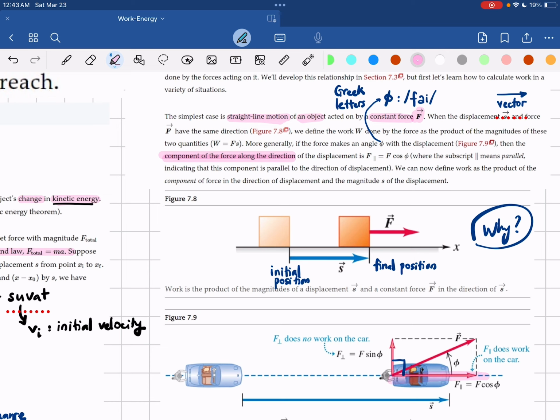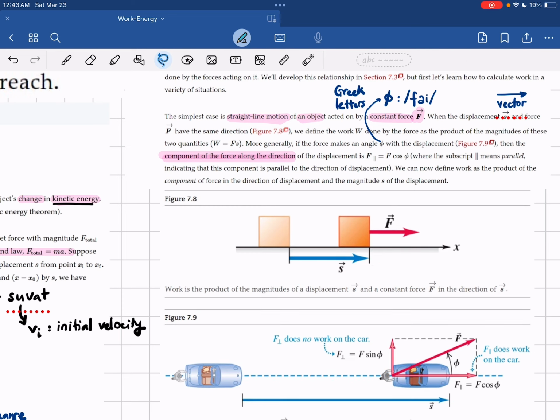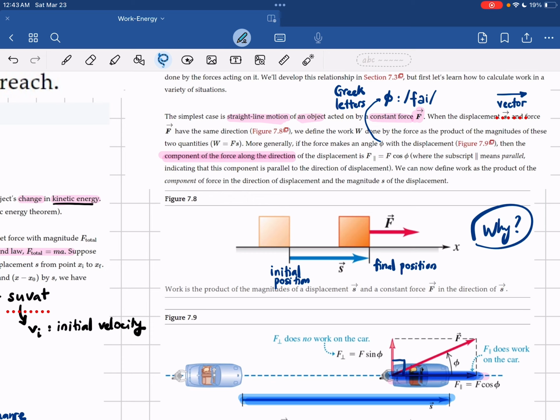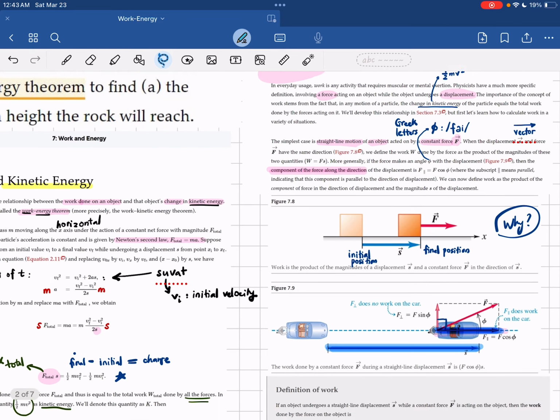Let me color them in the same color as the displacement. We just care about this part, not the part perpendicular to it. Makes sense, right? If there's something you still wonder about, please feel free to comment below, and we can discuss it.